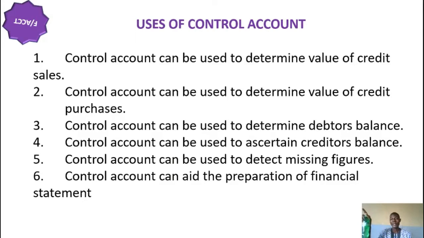Then the person I purchased this from is a creditor. The control account can be used to detect missing figures because later on we are going to take examples to buttress these expressions.